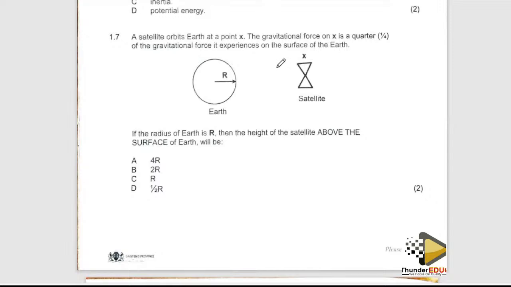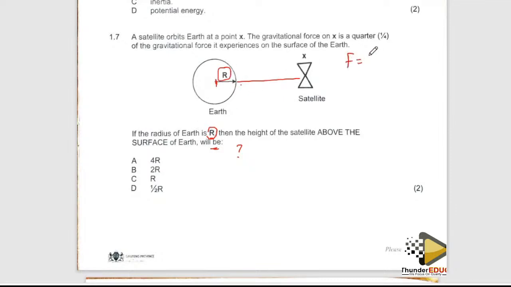Now if the radius of the Earth is r, what is the height of the satellite above the surface going to be? That height is going to be like the distance in between. So whatever distance you get, remember gravitational force depends on this and that, and we need to attach r to that.